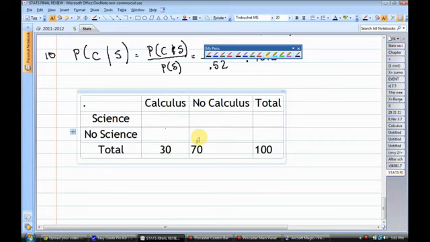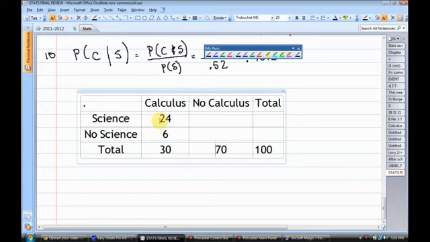Of the people who took calculus, 80% of this 30 took science. So it's 80% of 30, 24. So 24 students took science. That means the rest of them did not take science.